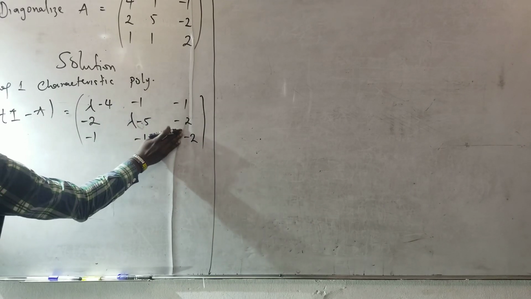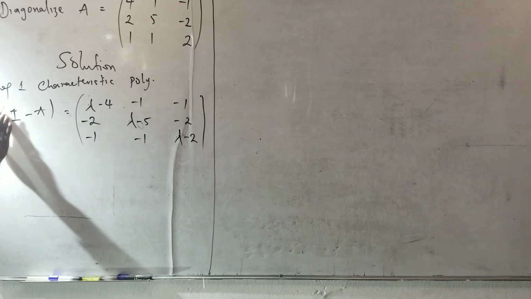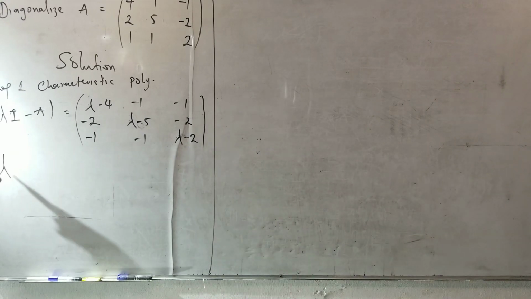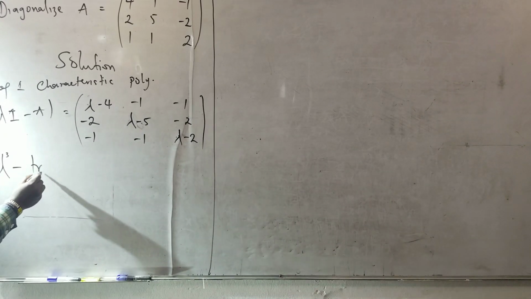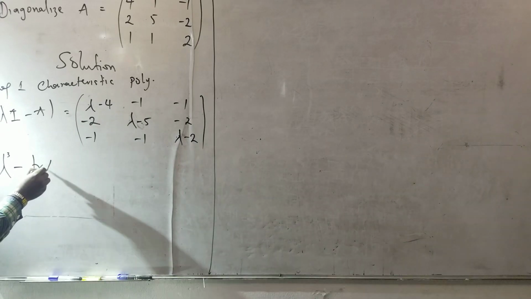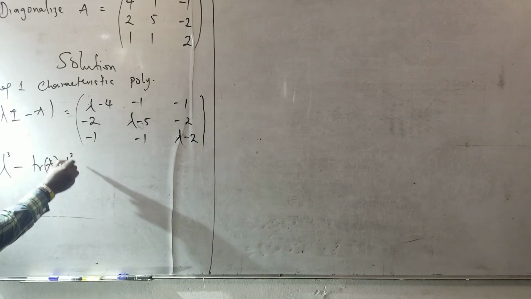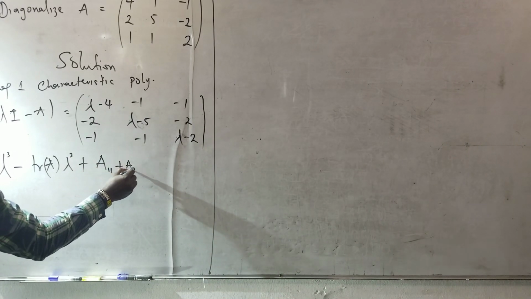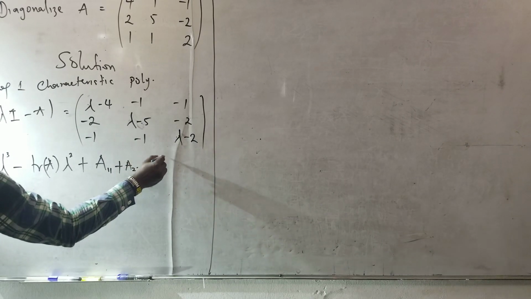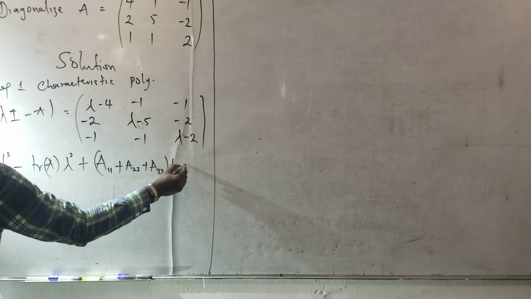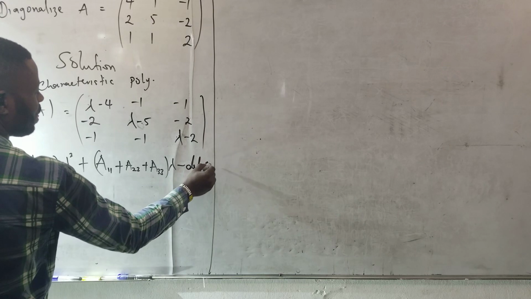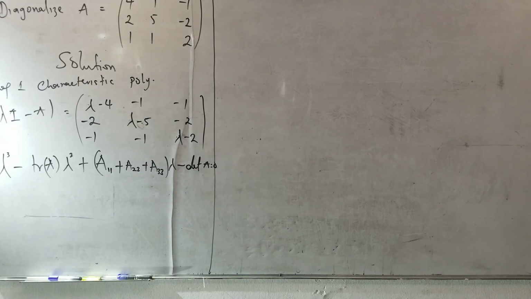Now, with my lambda, I can say that lambda cubed minus the trace of A times lambda squared plus (A11 plus A22 plus A33) times lambda minus the determinant of A, which is equals to 0. With this, I can easily get my characteristic polynomial.